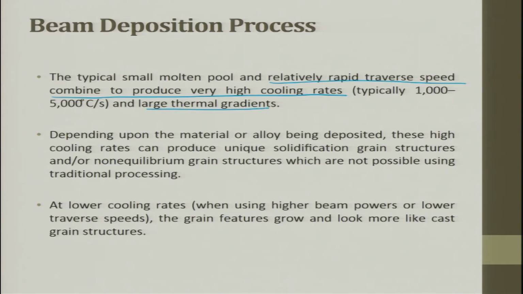So, gradients are created. These gradients are a disaster. You should try to avoid having large thermal gradients, because if you have large thermal gradients, it is going to warp the surface. Instead of a flat plate, you will get something like a warped plate. Okay.